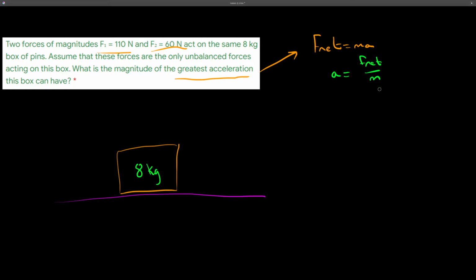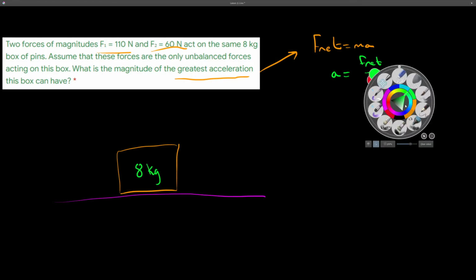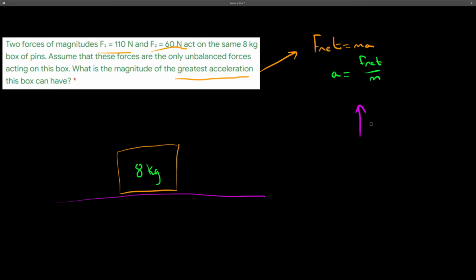What else increases the acceleration? If we decrease the mass. If we have 20 over 10, it's going to be equal to 2. But if I have 20 over 2, it's going to be equal to 10. So this increased the acceleration by reducing the mass. So there's two ways: either I increase the force or I reduce the mass, and these will increase my acceleration.